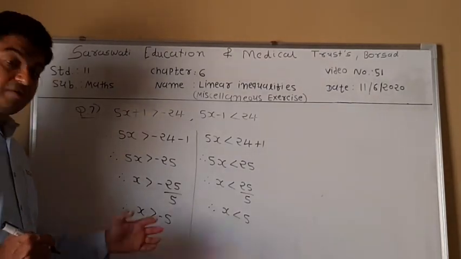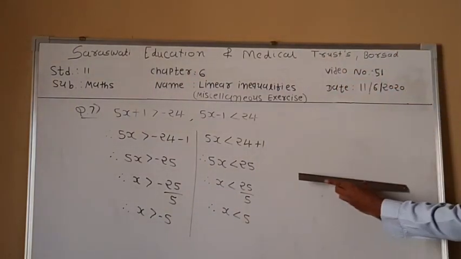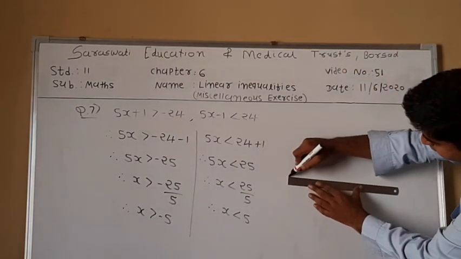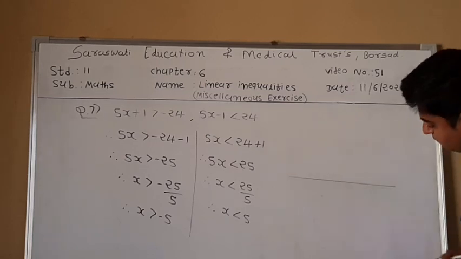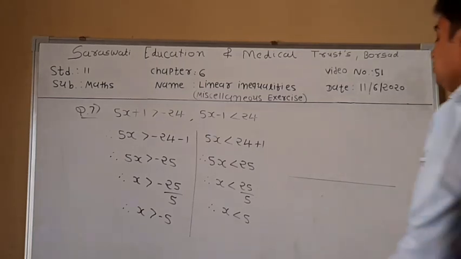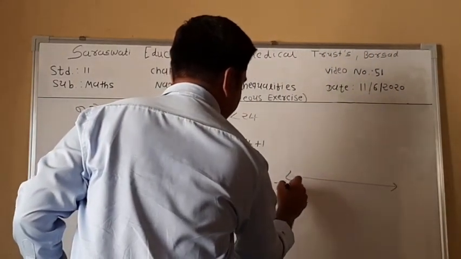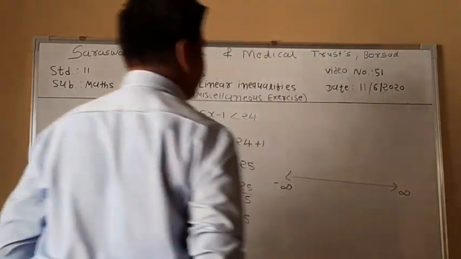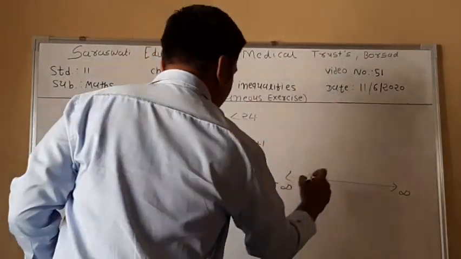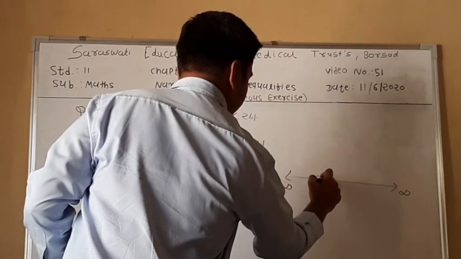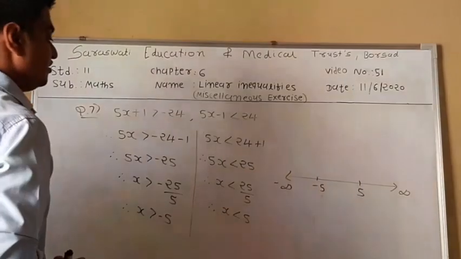So how can we represent it graphically? Here draw one line, with minus infinity on this side and infinity on this side. The position of minus 5 is here and the position of 5 is here.